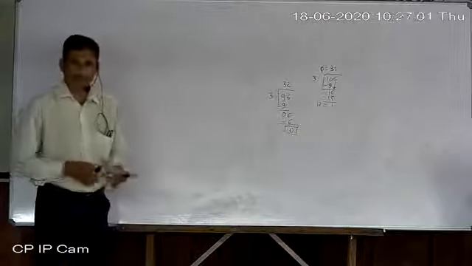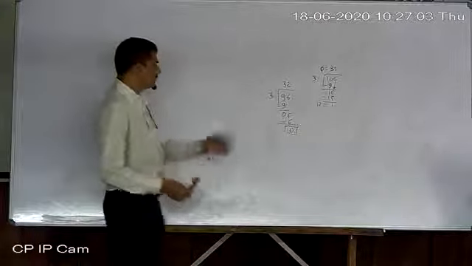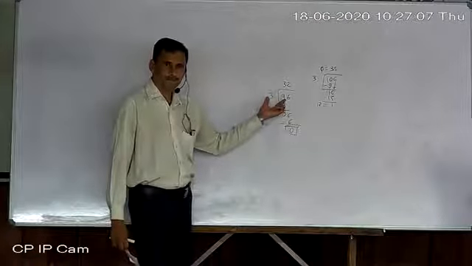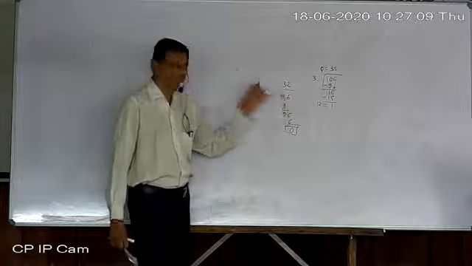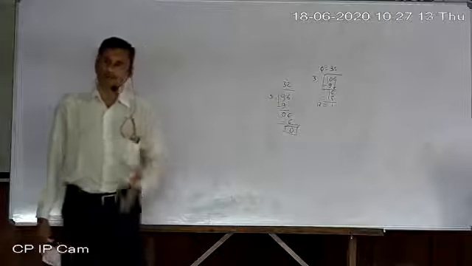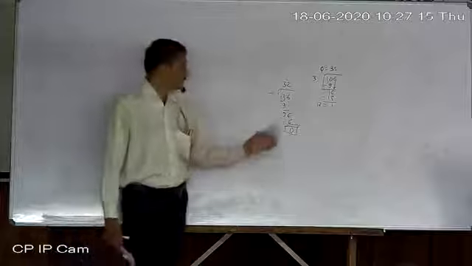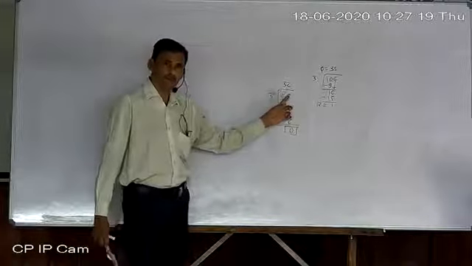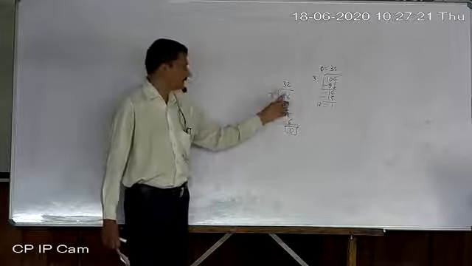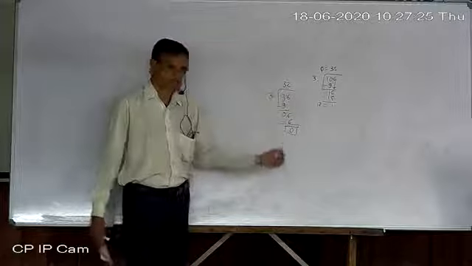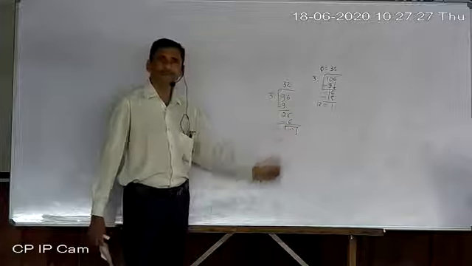What can you say about the relation between this and this? I can say 3 is a factor of 96. Whenever I get remainder 0, I can say the divisor is a factor of the dividend. 3 is a factor of 96. Why? I got remainder 0.